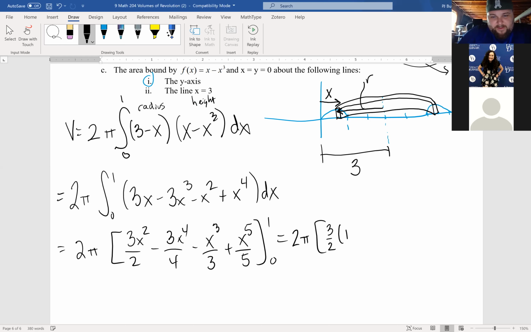And even better, we have just 1 that we have to plug in here, and 0. Again, I don't have enough room there, so forgive me for going down to the next line here.